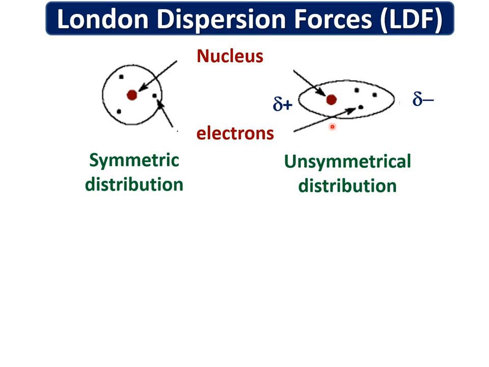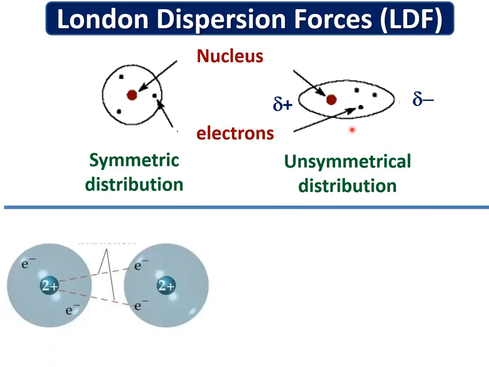Okay, so how can this momentary polarization affect the other molecules? Look at this slide, this picture. This is the case of a helium atom. It has 2 electrons. It's supposed to be symmetric this way, but for some reason, electrons may come together at one end and the nucleus at the other end here to have a momentary dipole moment.